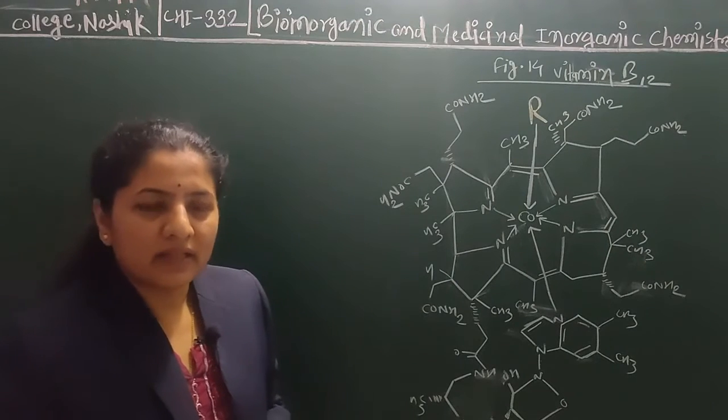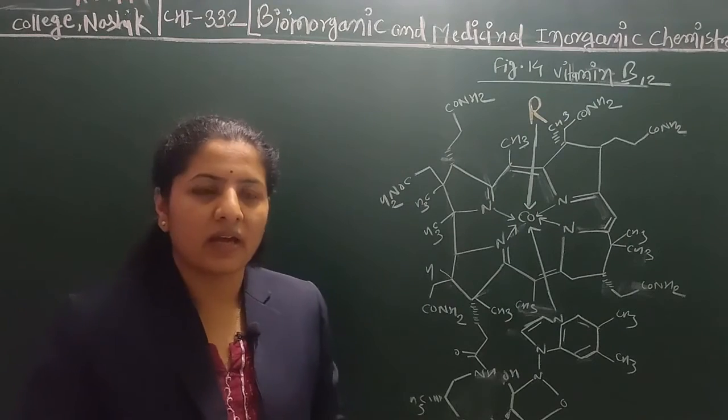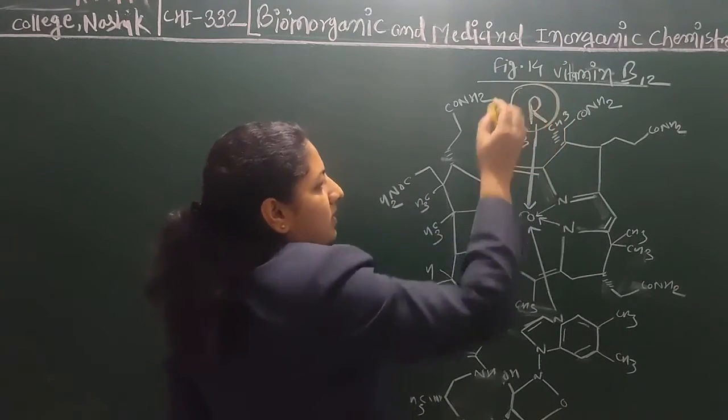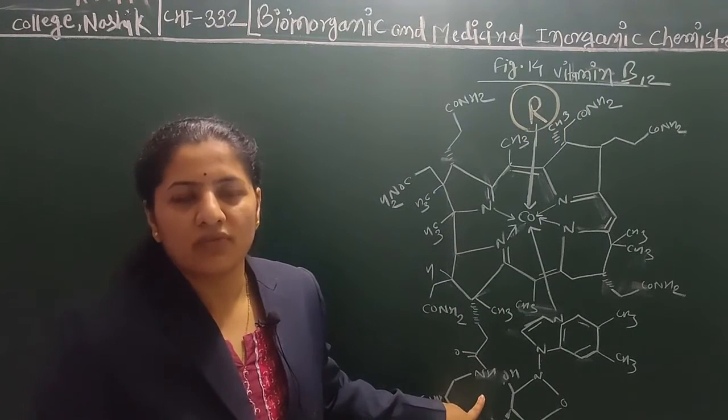Alkyl means any methyl, hydroxy, or cyanide. These groups are attached as the alkyl group. So this is the structure of vitamin B12.